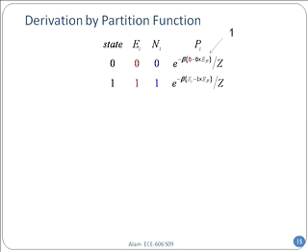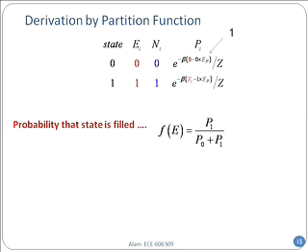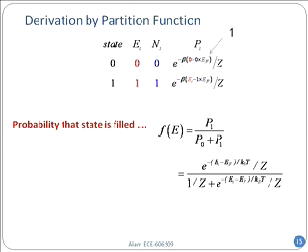Because the probability that a state is filled is, sometimes it's full, sometimes it is not. What is the probability? Well, the probability is this. Sometimes if it is full, then it's P_1. Sometimes it's not, it's P_0. Put that formula in, from the table, and that's my Fermi-Dirac statistics. Do you see that? That's it.